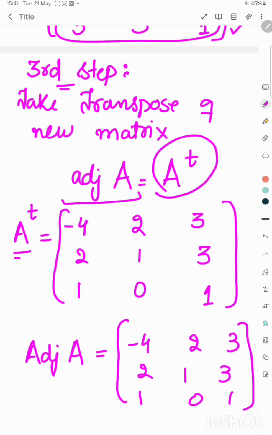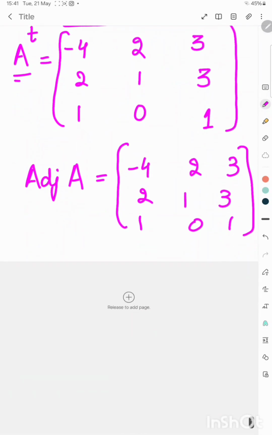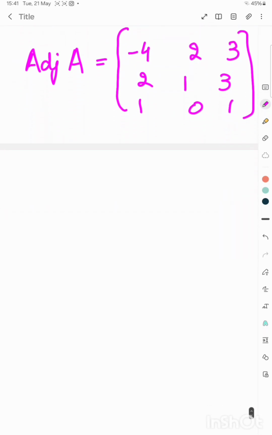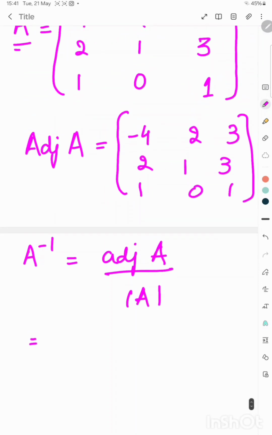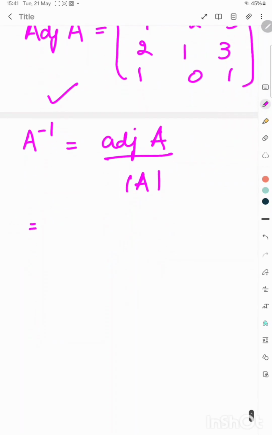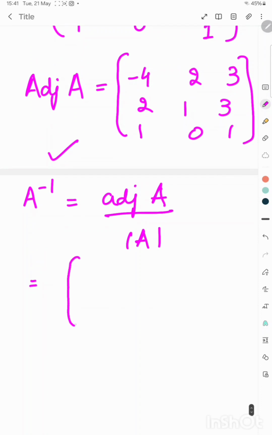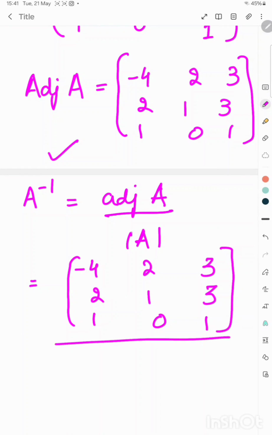So student, as I found the adjoint of A, I also found the determinant of A. So now I can easily find A inverse, which was equal to the adjoint of A divided by the determinant of A. So here I just found the adjoint of A, so I will put its value here: -4, 2, 3, 2, 1, 3, 1, 0, 1. And what was the determinant of A?